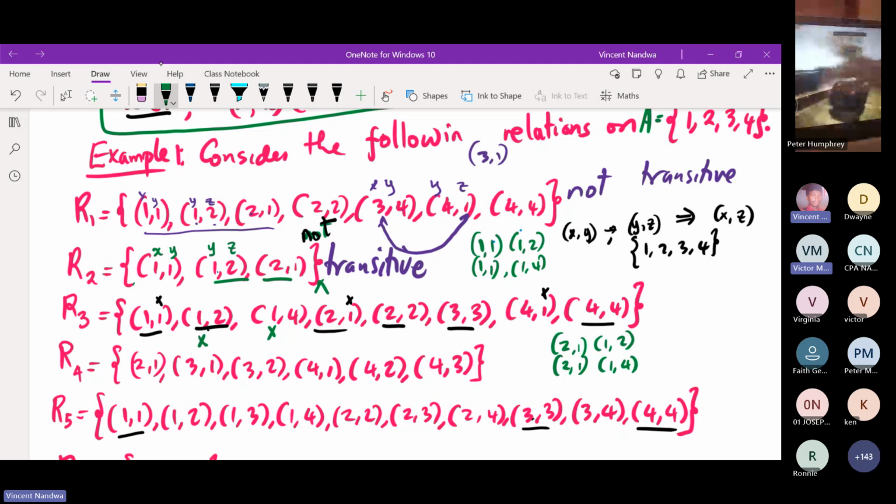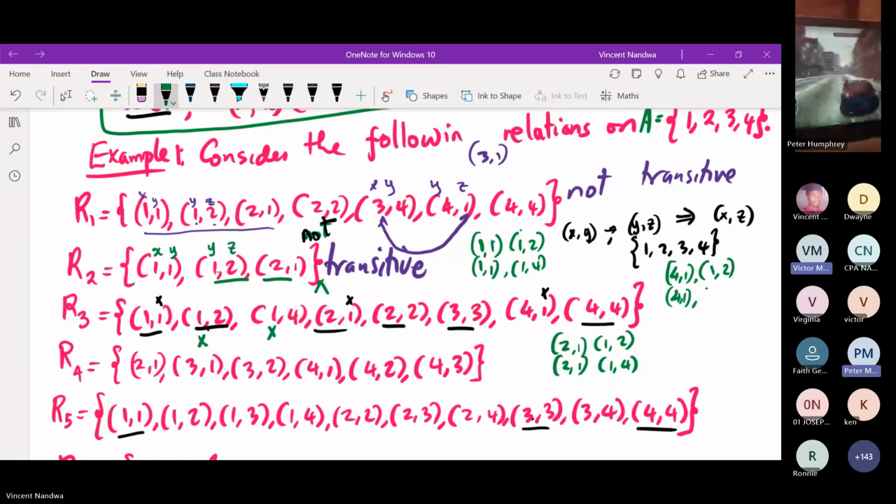And then the other possibility is that 4, 1 can be related to 1, 2, and also 4, 1 can be related to 1, 4. Are you seeing that?